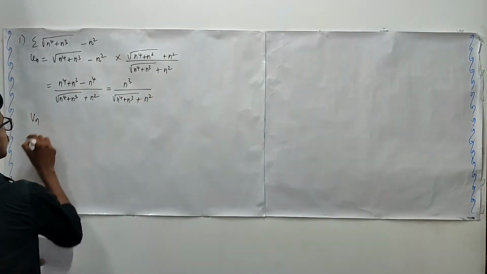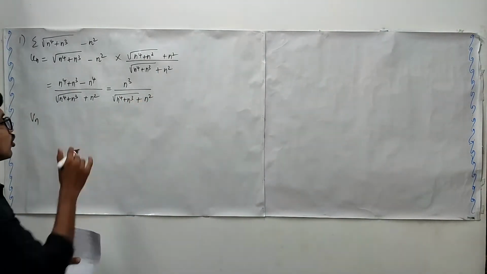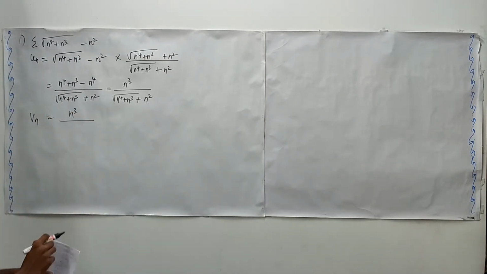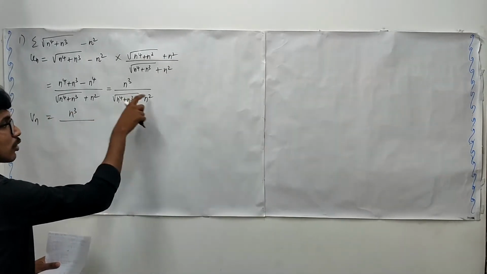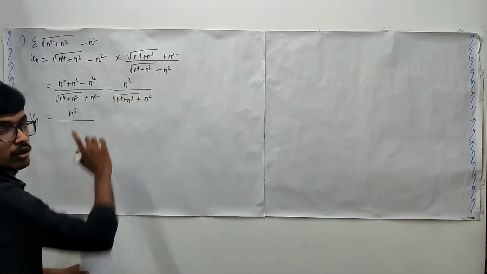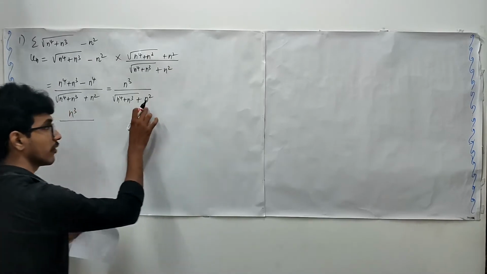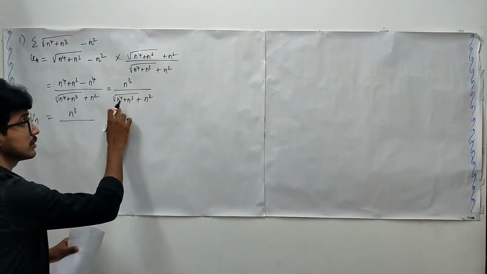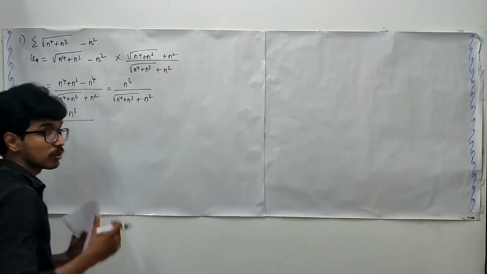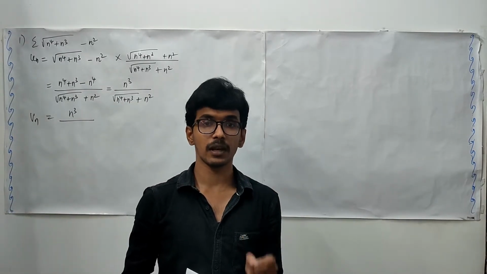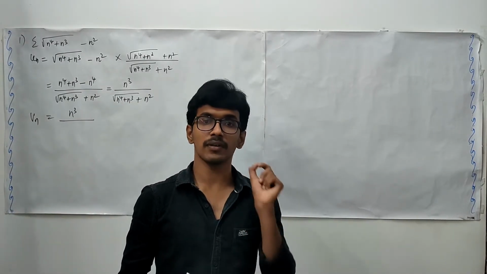Now we will have to choose v_n. In the numerator the leading term is n cube, whereas in the denominator, under the root, we have n power 4. So when you take it outside the under root, you are going to have n square, and you have n square here itself. Since we have n square in both the terms and the terms are summed up, we will take it once.